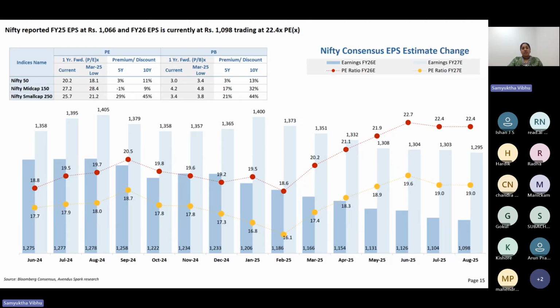And we are only trading at a marginal premium to the 5-year rate, right? So this is something that we need to keep in mind, that markets are quite attractive. And if they are attractive, then this is the time for you to really look at positioning and building your India allocation.